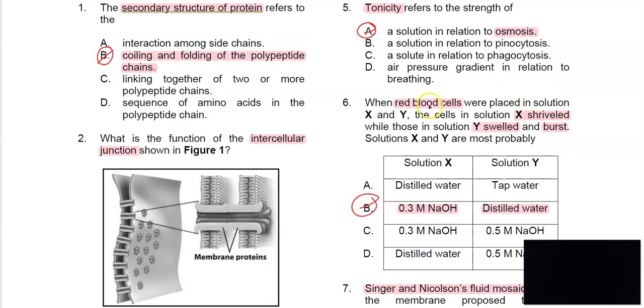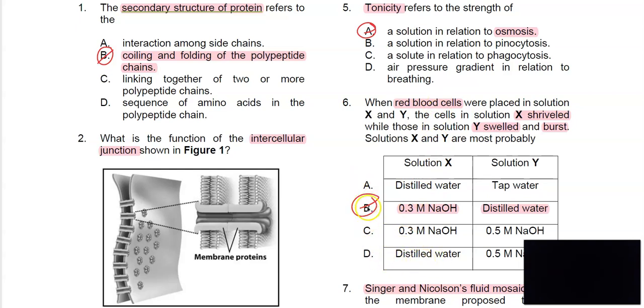The red blood cell will shrivel in solution X, so it means that solution X must be a hypertonic solution. It causes the water in the red blood cell to move out and causes the red blood cell to shrink and shrivel. So obviously it cannot be distilled water, it cannot be A, it cannot be D.